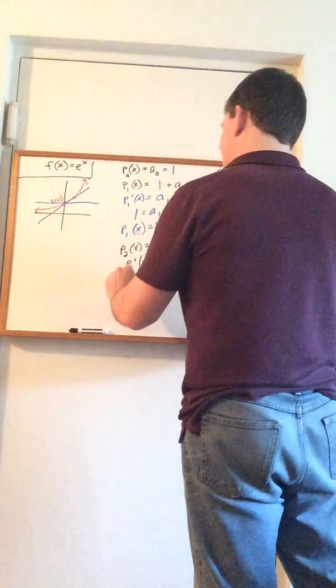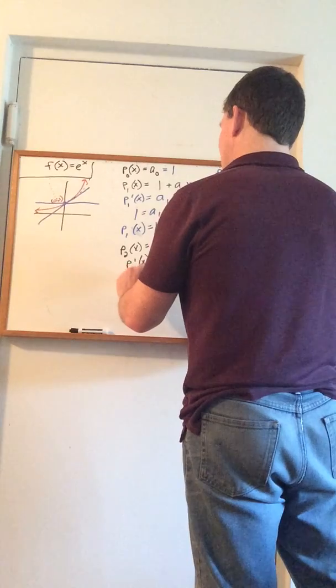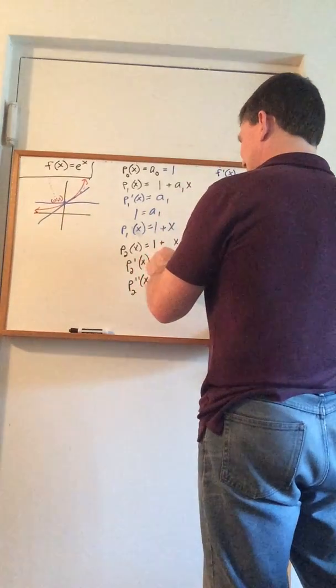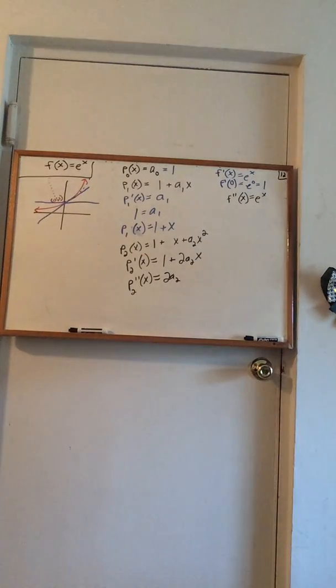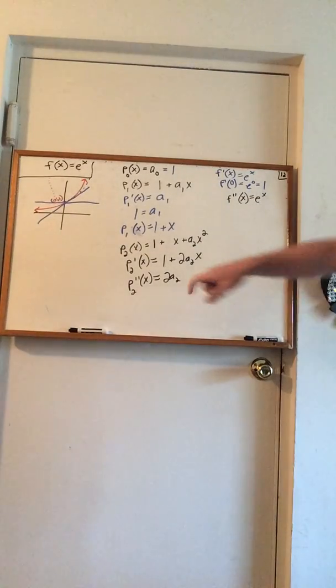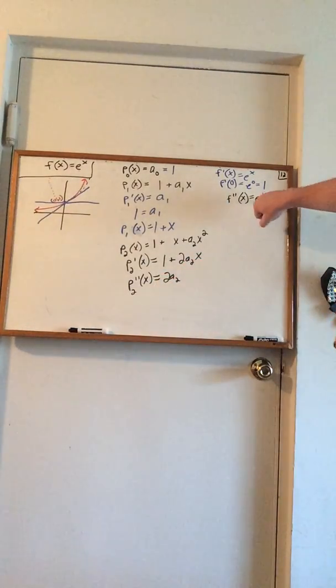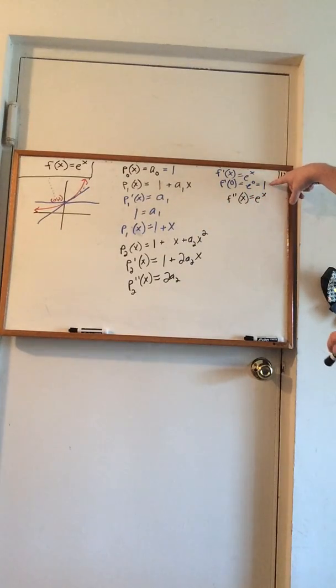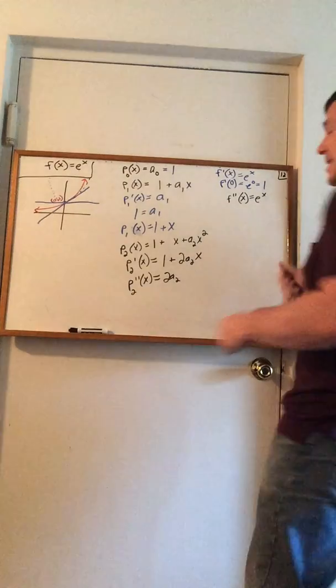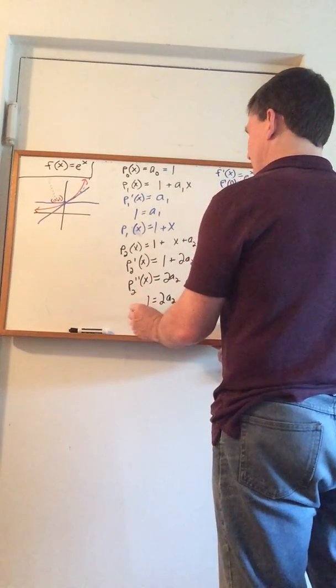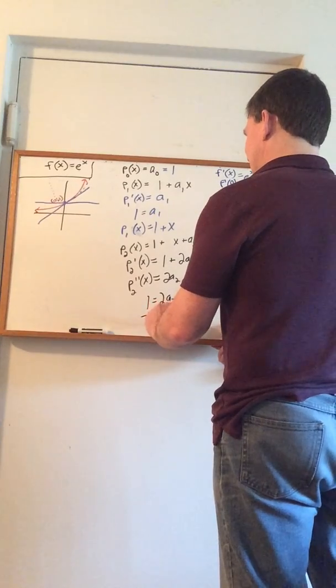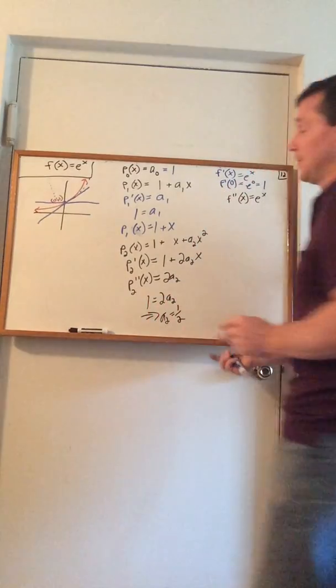Then take the second derivative, p sub 2 double prime of x, that goes away, this becomes 2a sub 2. And now, because I want this to agree with this at 0, clearly at 0, this is still going to be 1. I get 1 has to equal 2a sub 2, which tells me that a sub 2 is equal to a half.